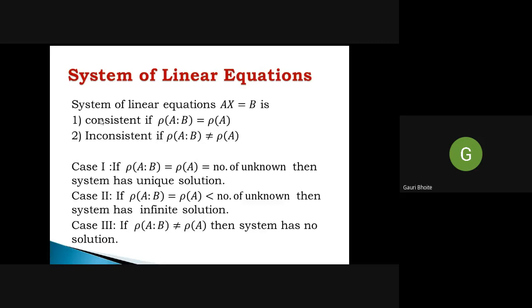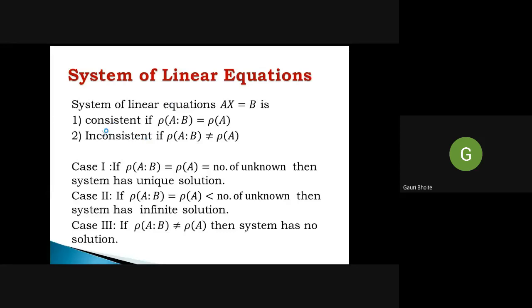If the rank of AB is equal to the rank of A, then it is consistent. It is inconsistent if the rank of AB is not equal to the rank of A, that is, these two ranks are unequal, which means no solution.